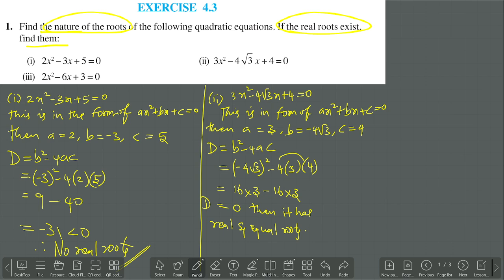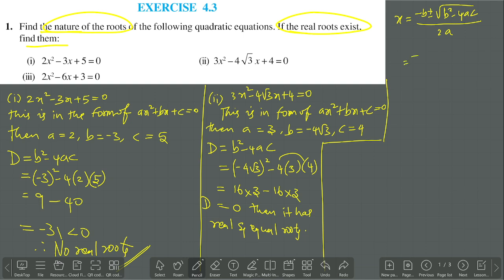After getting this, we can go for solving for x. What is the formula for solving the equation? X equal to minus b plus or minus square root of b square minus 4ac, whole divided by 2a. Right.